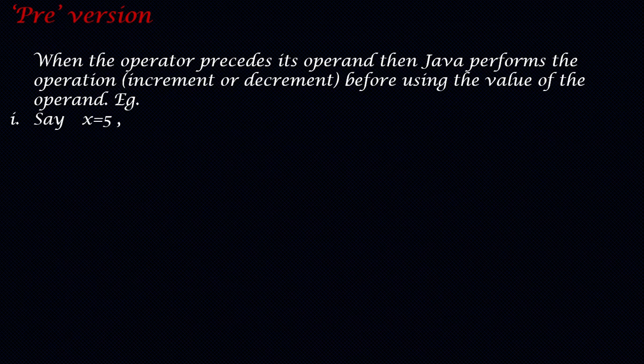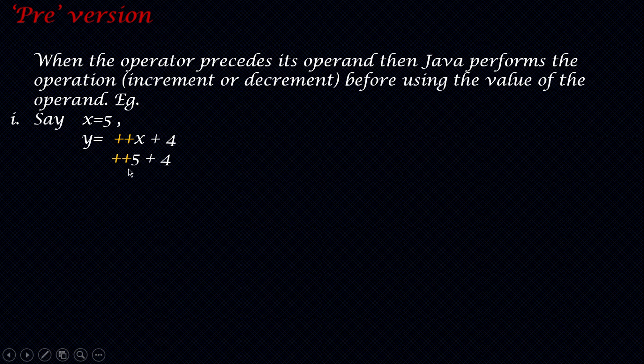Suppose x has the value 5 and the equation is y equals plus plus x plus 4. Initially x had the value 5, but here the pre-increment operator is happening. So what happens?